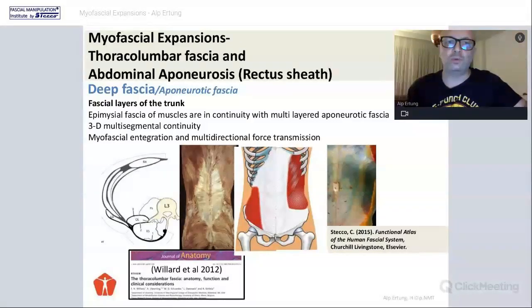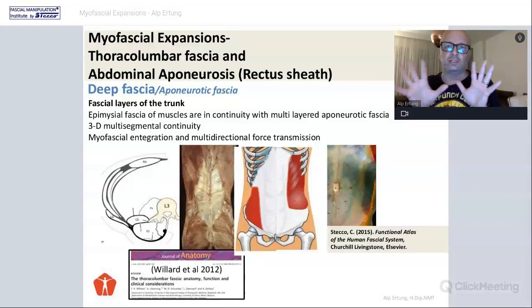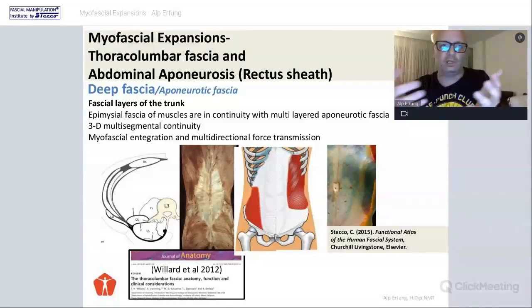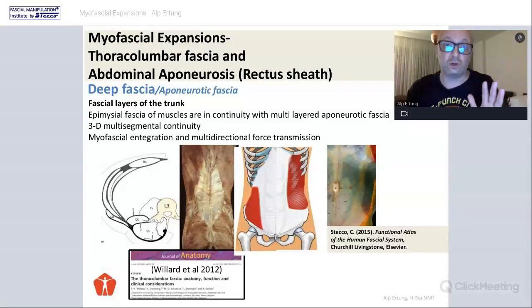It's like they are in continuity with each other. And we see the thoracolumbar fascia here at the back, but we have the connection, in continuity with the abdominal aponeurosis in the front.